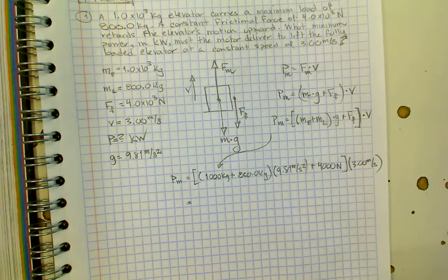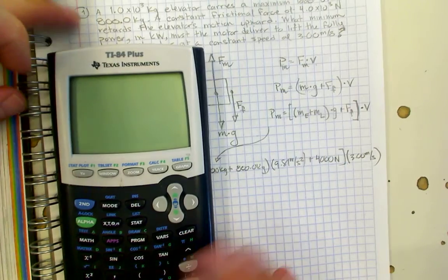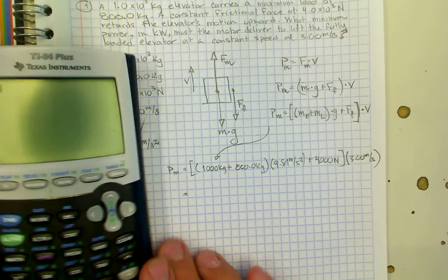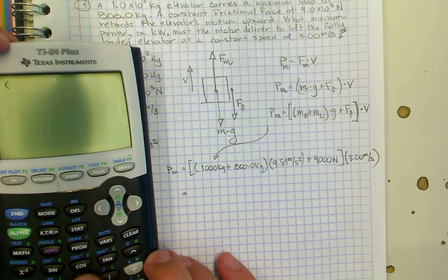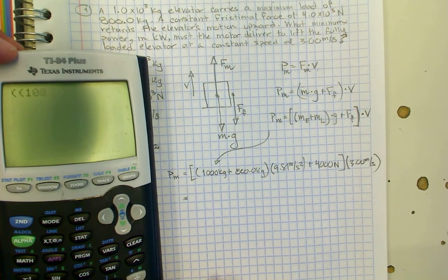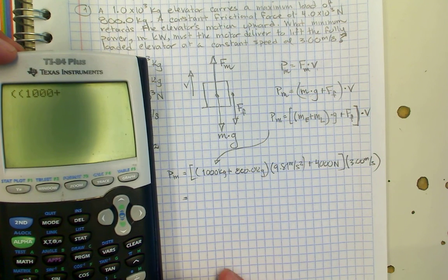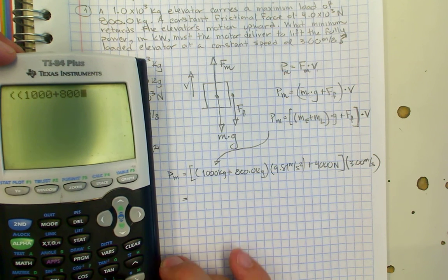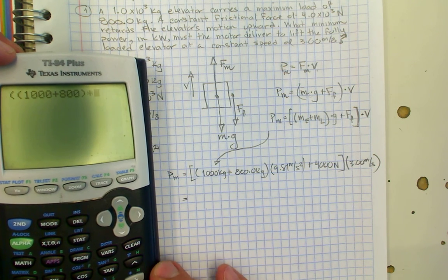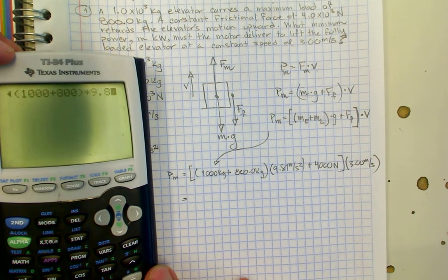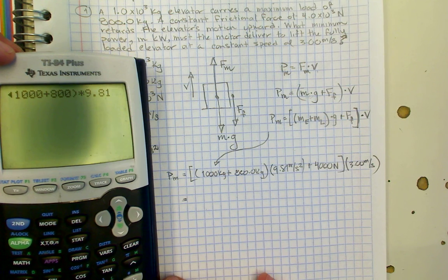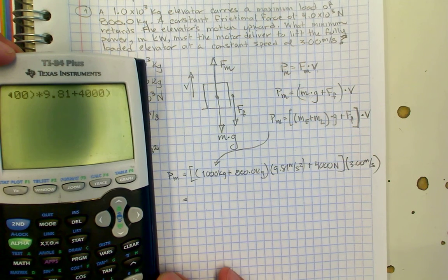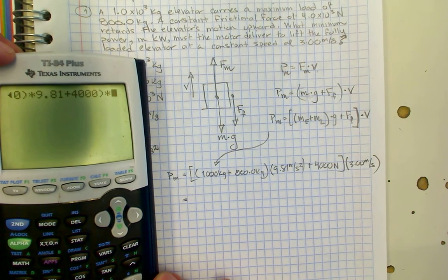And let's see what we get from the calculator. The value of doing all this work over here is that now I can very quickly just plug into my calculator 1,000 plus 800 times 9.81 plus 4,000, and I'm multiplying that whole thing by 3.